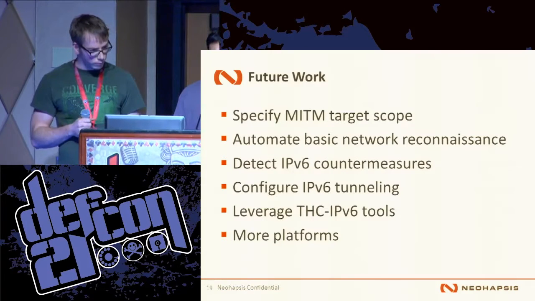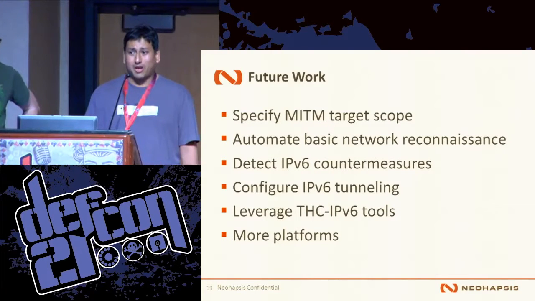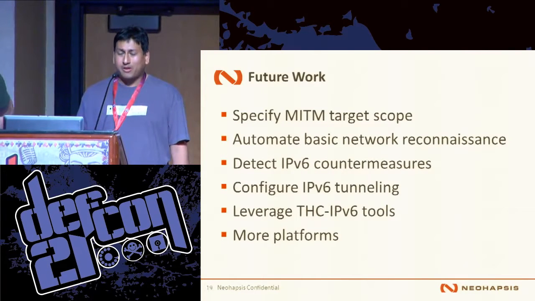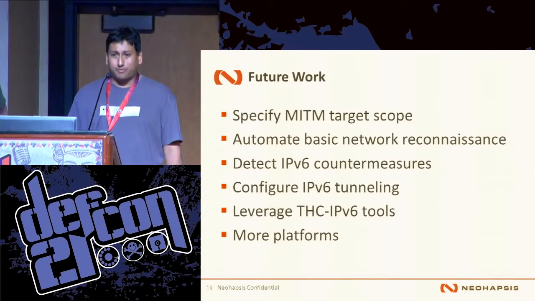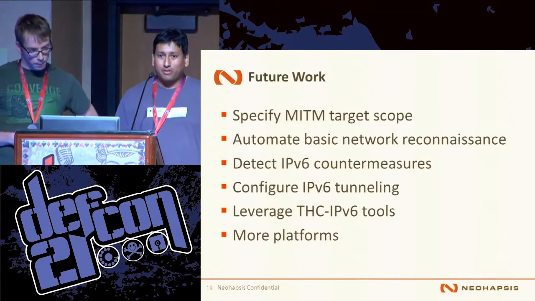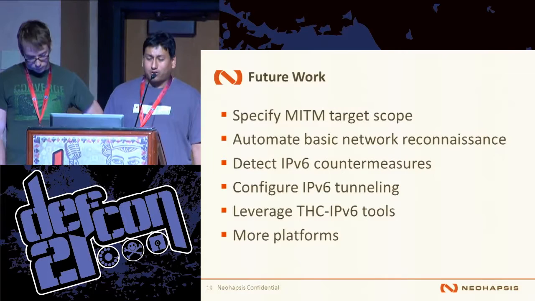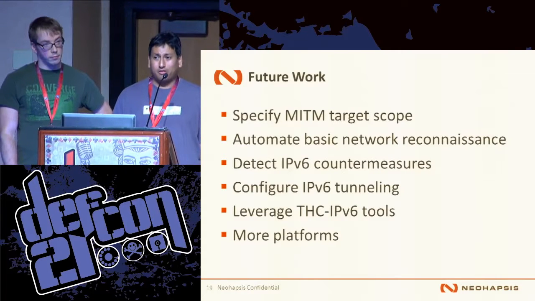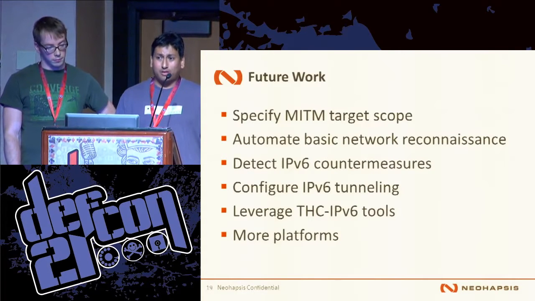We'd also really like to figure out a way to detect if there are already IP version 6 countermeasures implemented on a network. For example, sending out a router advertisement and then waiting a specified length of time, and if nothing comes back, we can probably assume that our stuff's being blocked, that they have a protection enabled. We'd also like to automatically configure a true IP version 6 tunnel to enable true end-to-end v6 connectivity.